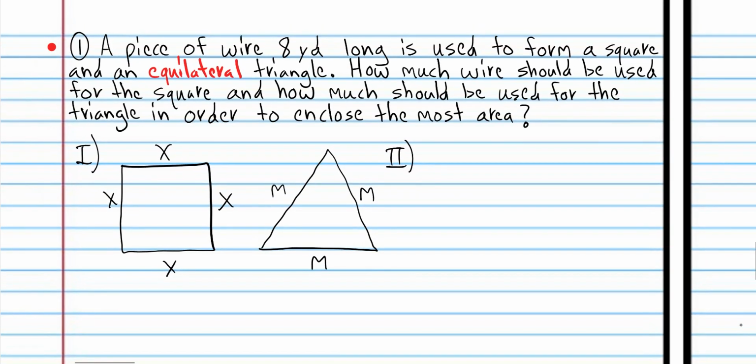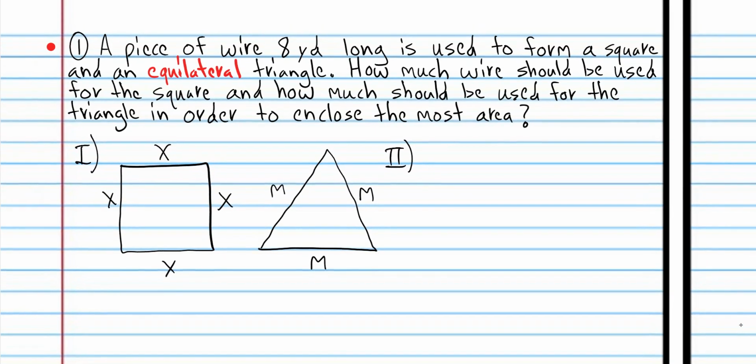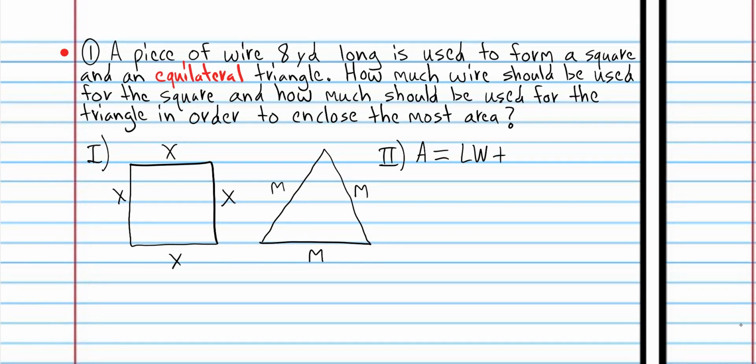Step number two is to find an equation of the thing that you're trying to maximize. We're trying to maximize area. The area of the square is length times width, and the area of the triangle is base times height divided by 2. Now we know the length and the width of the square, that's just x and x, and we know the base of the triangle is m, but we don't know the height, so that's a problem.